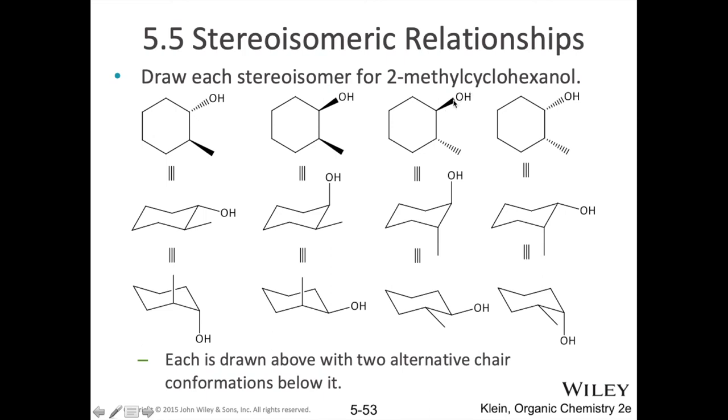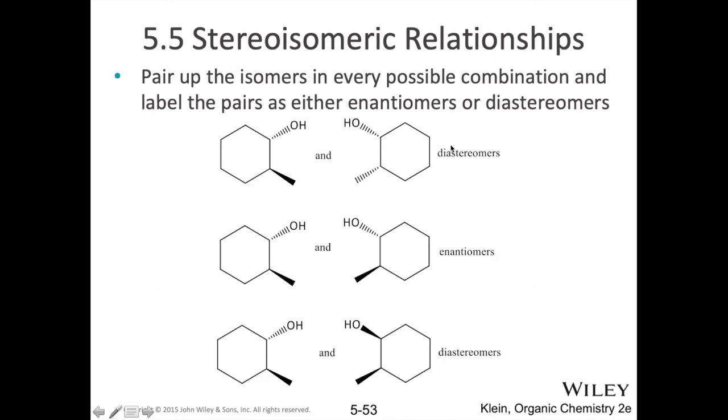Likewise, this methyl group, instead of pointing away from you, is going to point towards you. So that's what's happening here. Notice that this methyl group is pointing towards you, this OH group is pointing away from you. Notice how these two molecules are mirror images of each other. We could draw a mirror plane here, and these two are reflections of each other. That's what makes them enantiomers. Now, on the other hand, these two molecules are diastereomers. And likewise, these two molecules are diastereomers.